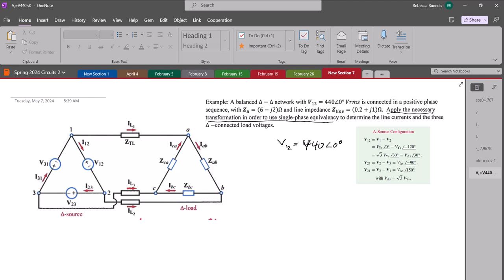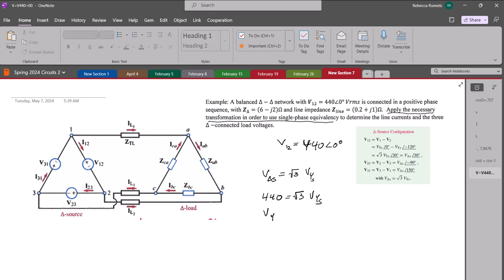angle 0 degrees. So notice that we have here that V delta S is given as the square root of 3 VYS. And so we're going to get this VYS. V delta S is 440 equals square root of 3 VYS.